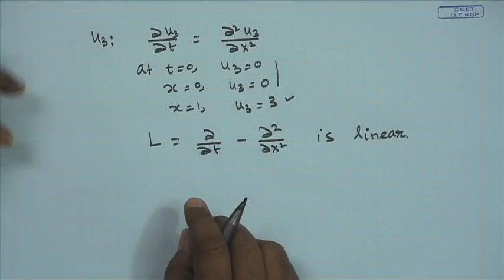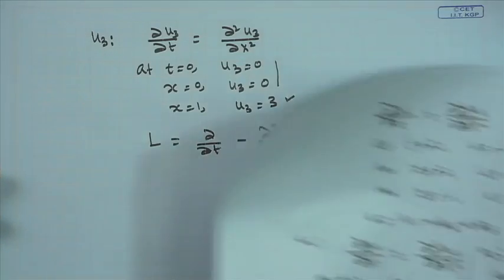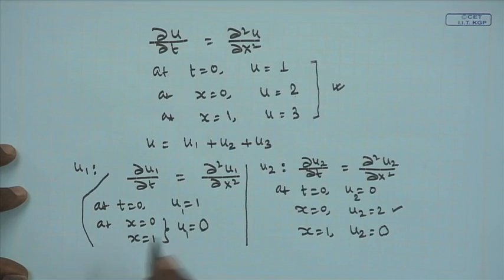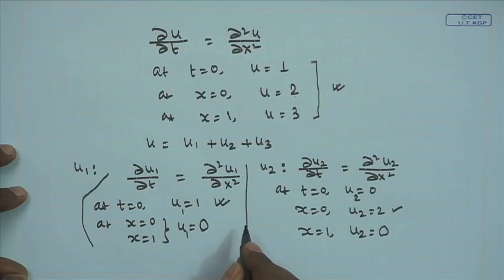Okay. Now, let us look into the nature of the sub problems as well. If you have a partial differential equation where the initial condition is non-homogeneous and the boundary conditions are homogeneous, then it is known as a well posed problem.